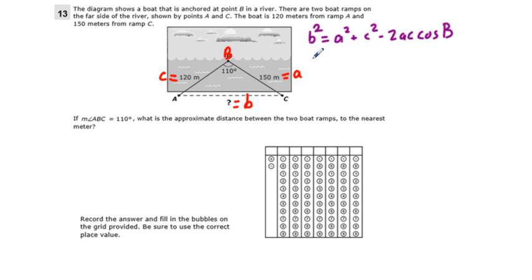And so just filling in, b squared equals 150 squared, plus 120 squared, minus 2 times 150 times 120 times cosine 110 degrees.